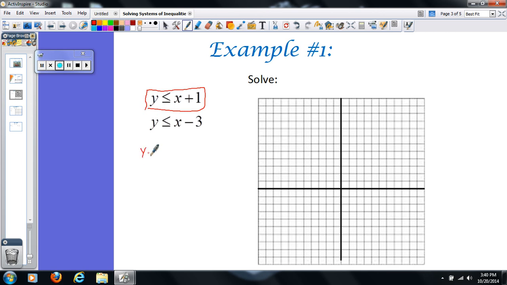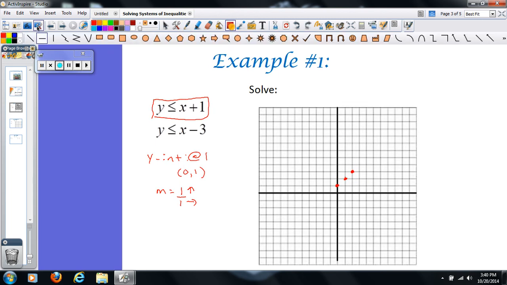My y-intercept is at 1, which is the point 0, 1. Putting that right here. And then my slope is 1 over 1, and I'm going to be going up and to the right. So that's the point 1, 1. Put a point.